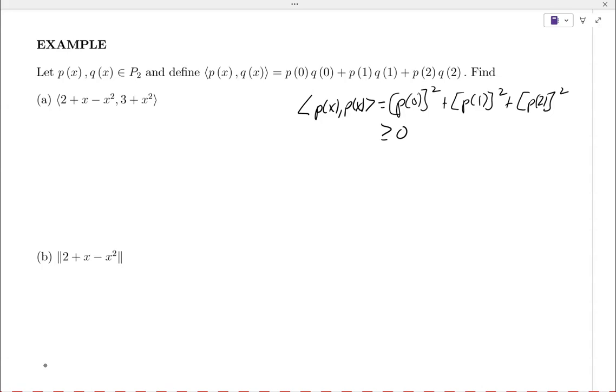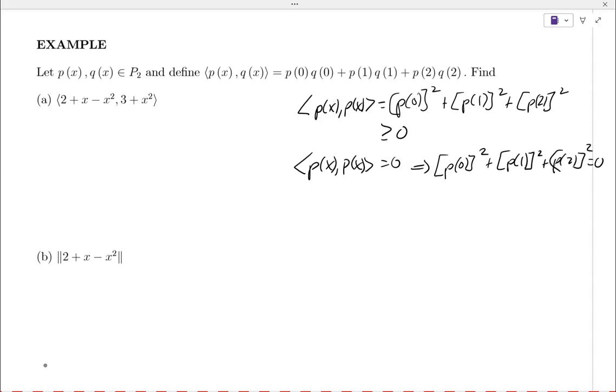So if we assume that the inner product of the polynomial with itself is equal to 0, that would tell me that the sum of squares that we just came up with is equal to 0.